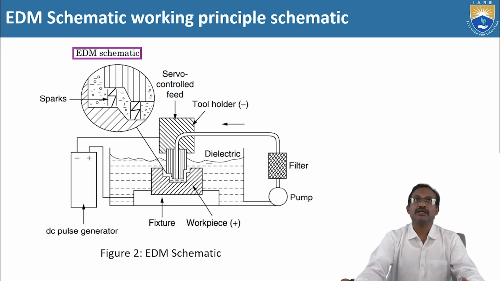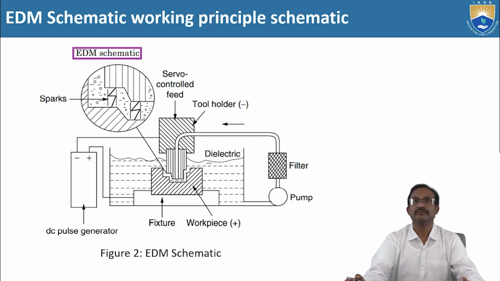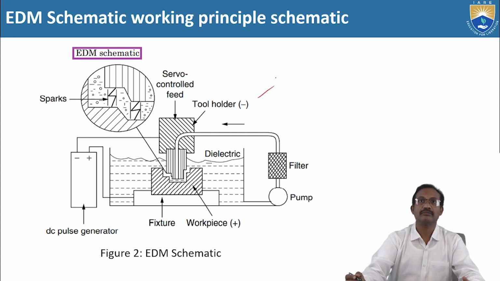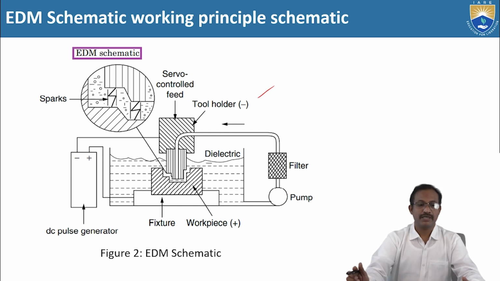This is the electro discharge machining schematic working principle. See here, this is the spark zone, workpiece, dielectric fluid, tool holder, servo control feed, DC pulse generator, filter, and pump.